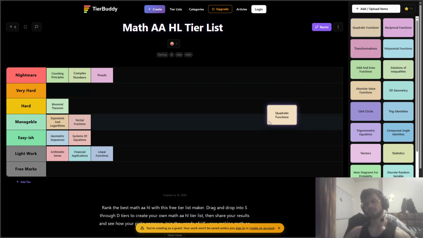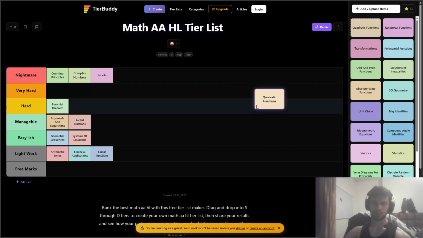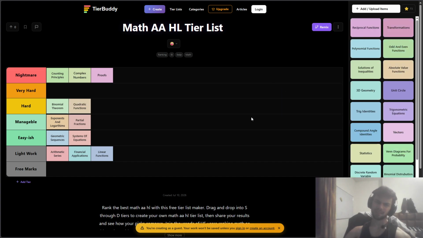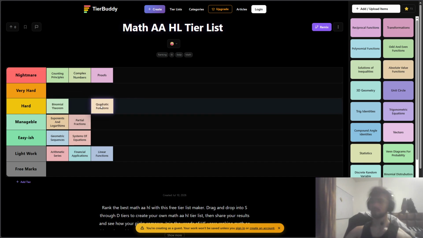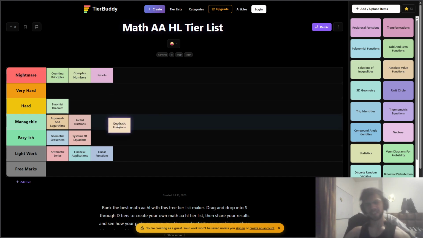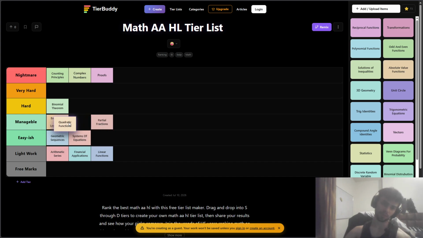Does it deserve to go into hard tier? Let's put it in hard tier. I guess they're manageable, but they're harder than quadratic functions, exponents and logarithms.